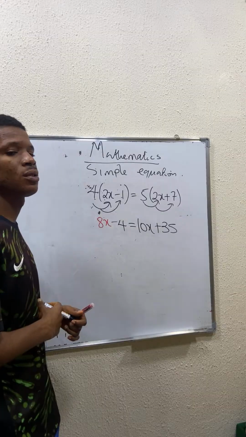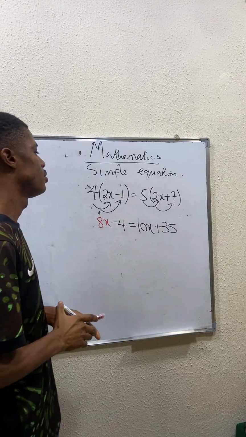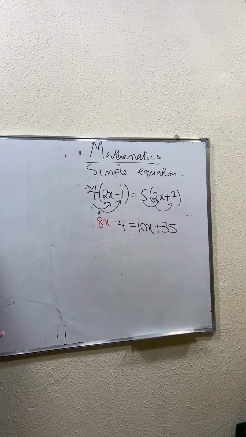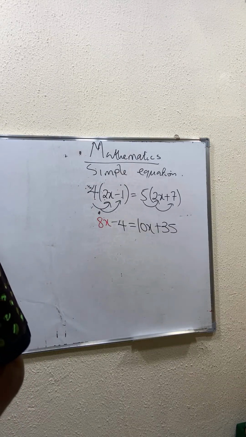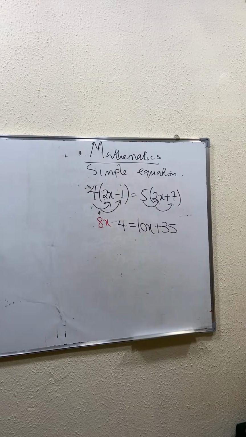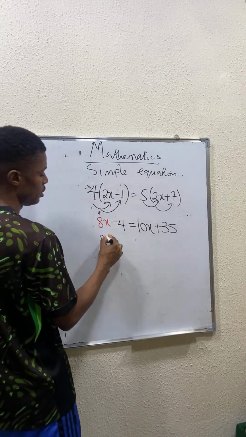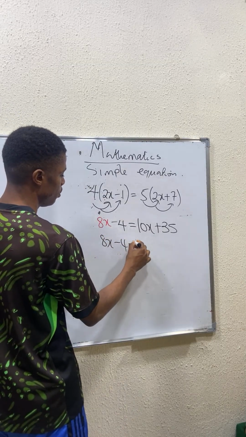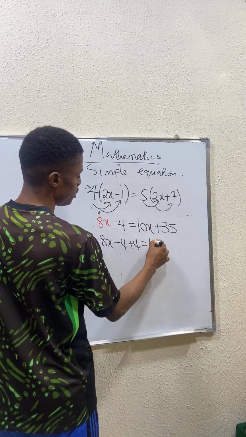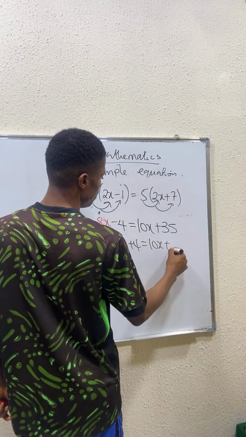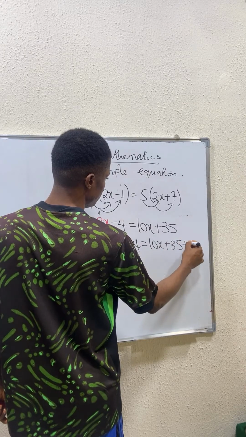Then the next step is to collect like terms. So to collect like terms, what do we have to do? Let's add 4. So you have 8x minus 4 plus 4 is equal to 10x plus 35 plus 4.